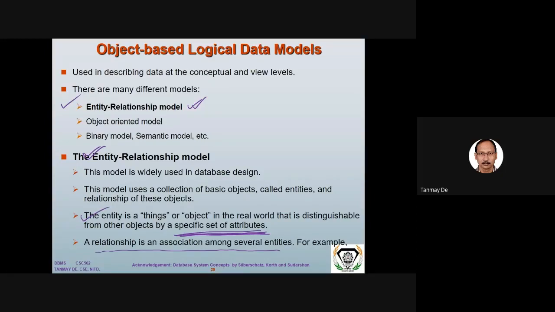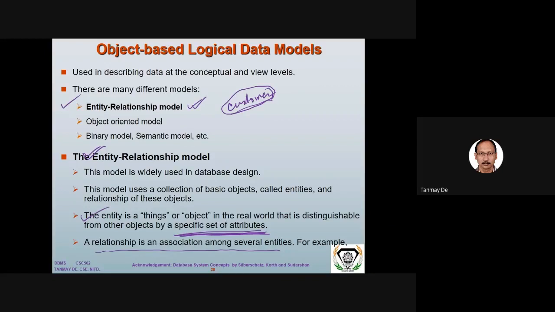For example, you may consider what I considered in my previous example of the banking database system: the customer is one of the entities, is it not? If we think in the real world, a customer is one of the objects or one of the entities. How does one customer differ from another customer?